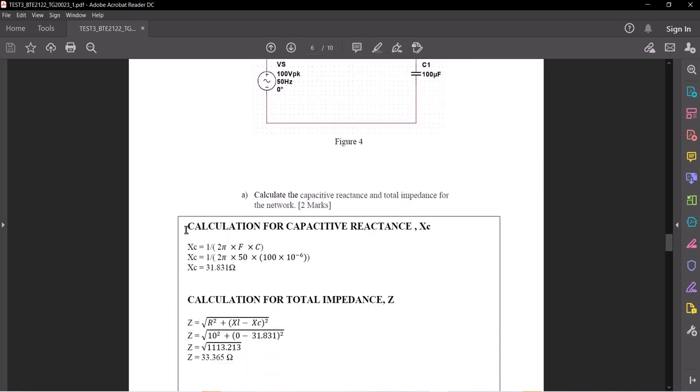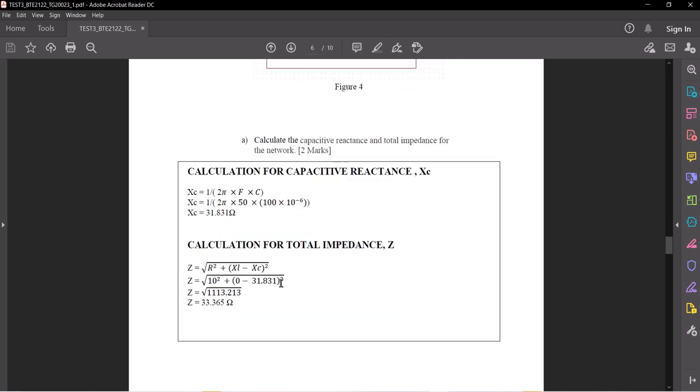Okay, so for the calculation for capacitive reactance, Xc equals 1 over 2 pi times F times C. So F is the frequency, C is 100 times 10 power negative 6. So Xc is 31.831 ohm.